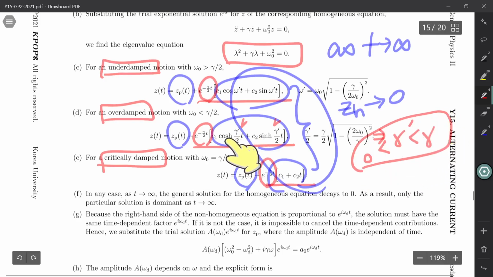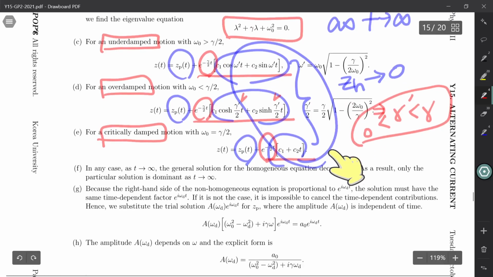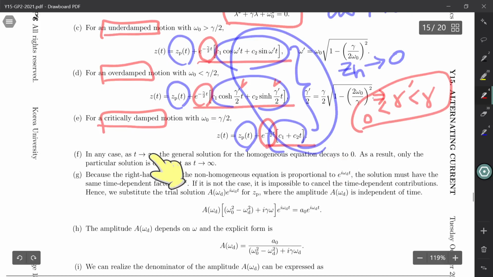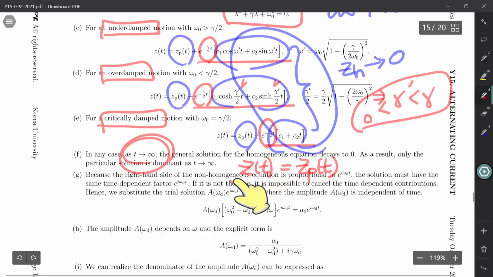Therefore, this additional factor does not change the trend as t goes to infinity. So as t goes to infinity, we end up with the particular solution only, and the homogeneous equation solution disappears.